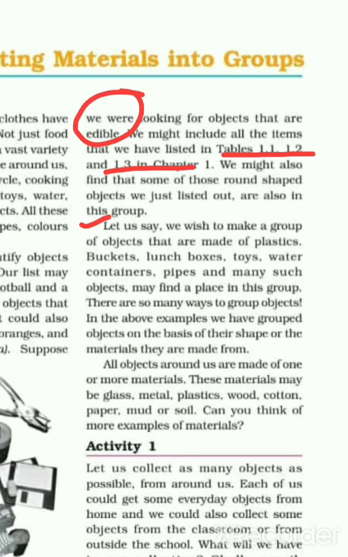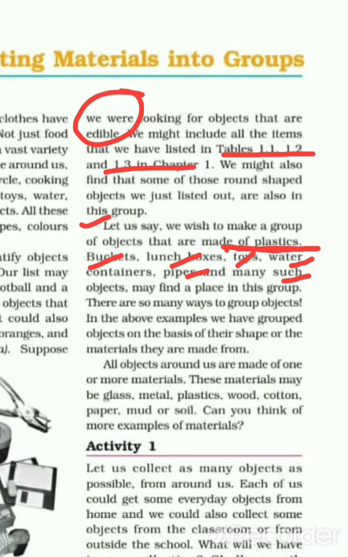In the third they need to classify the things made up of plastic. So everyone knows what comes in plastic? Buckets, lunch boxes, toys, water containers, pipes, and many such objects may find a place in this group.